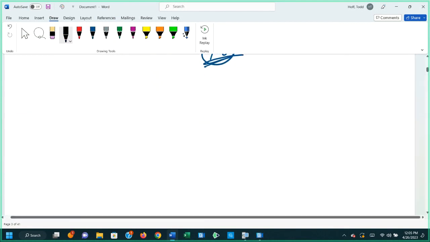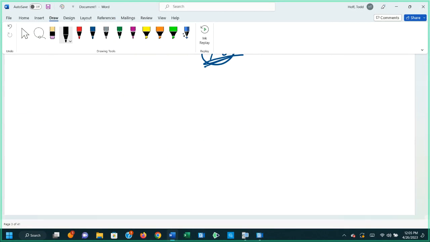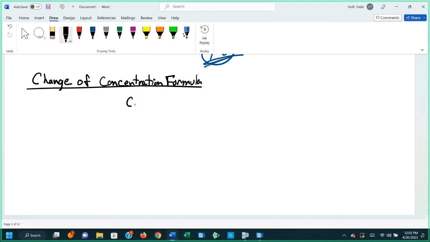Let's look at some examples of inverse relationship here. One that we kind of hinted at earlier is that change of concentration formula, or sometimes called the concentration adjustment formula. And that formula, of course, was that C1 times V1 equals C2 times V2. And so rather than x and y, we have C and V here, but you can see it's that exact same setup.